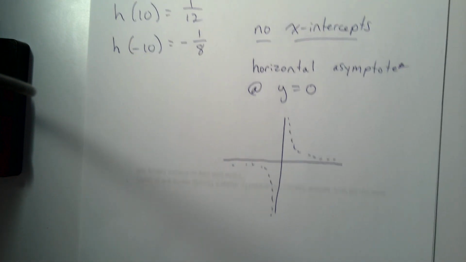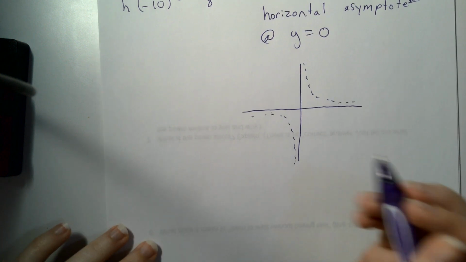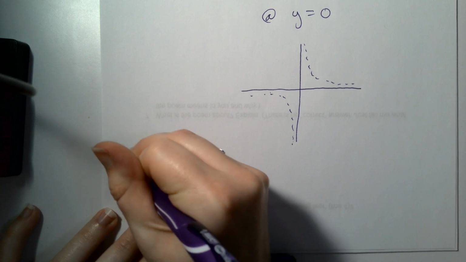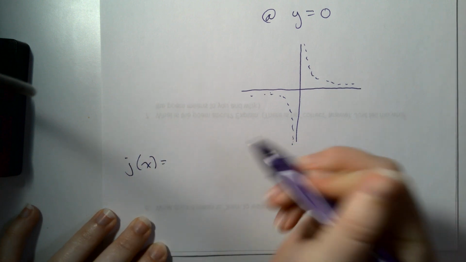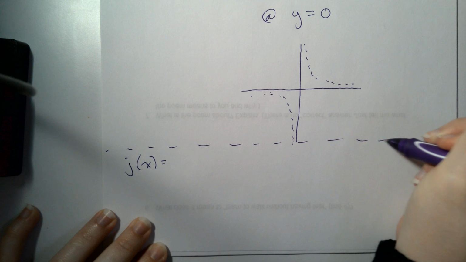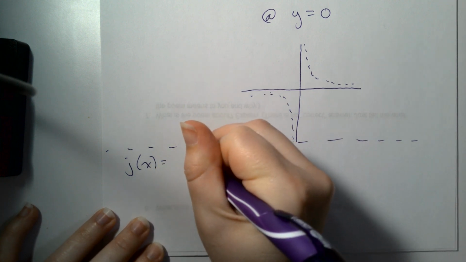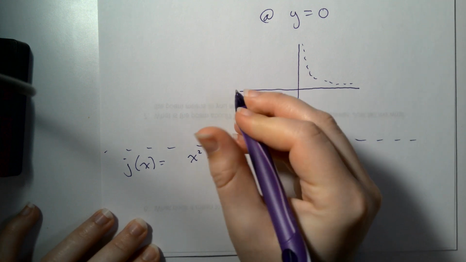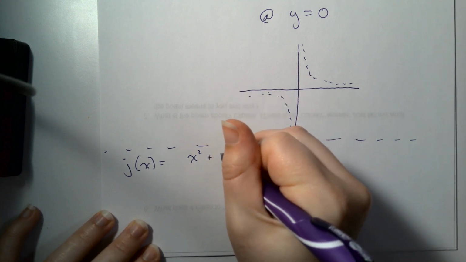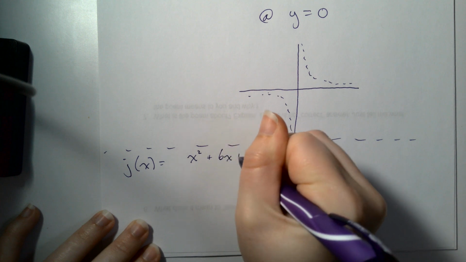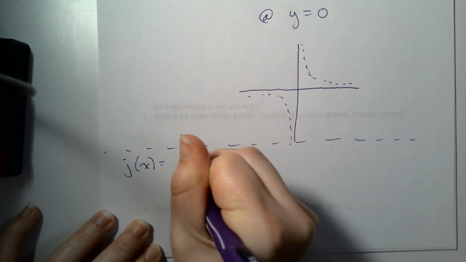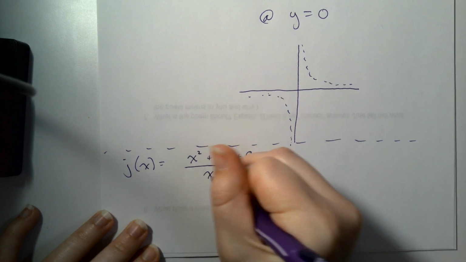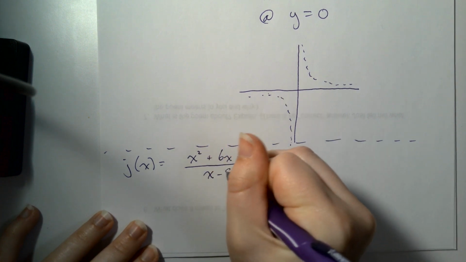Now let's try another one where we actually are going to have some x-intercepts. Let's say j of x is x squared plus 6x plus 9 over x minus 8.